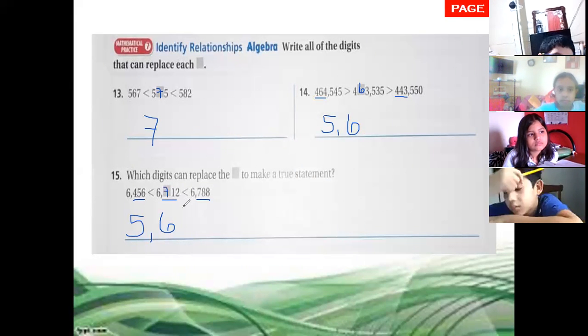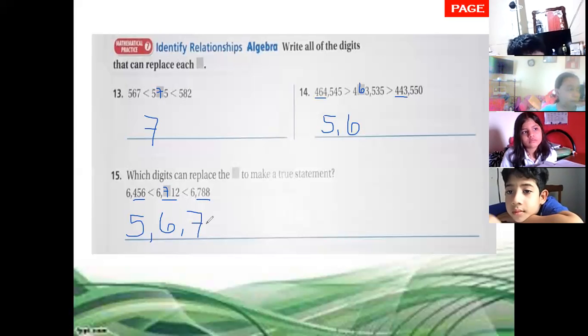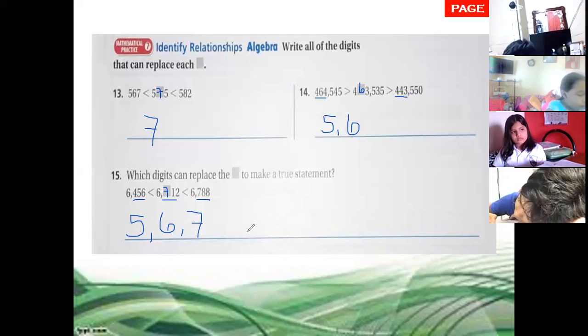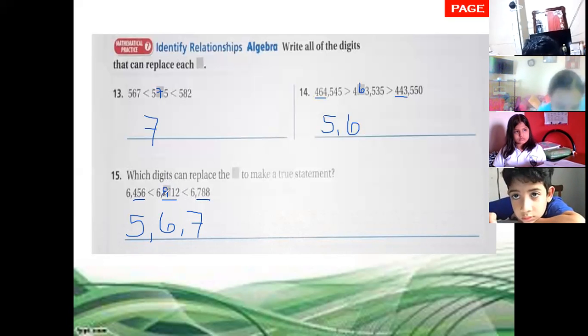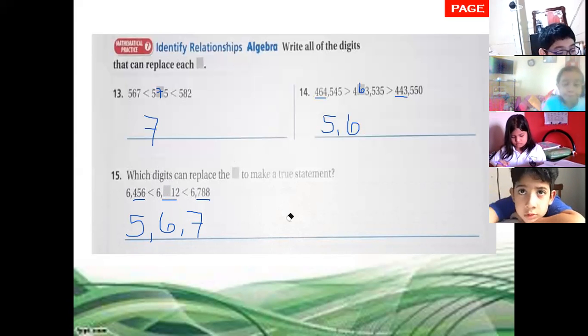Is that true? Yes, it is. So the answers in this exercise are 5, 6, and 7. 8, no, because 812 is greater than 788. That's not true. 5, 6, and 7. May I erase?